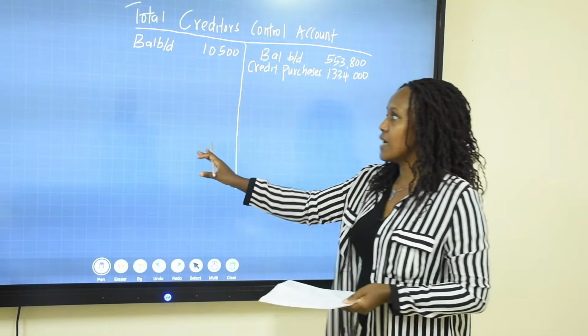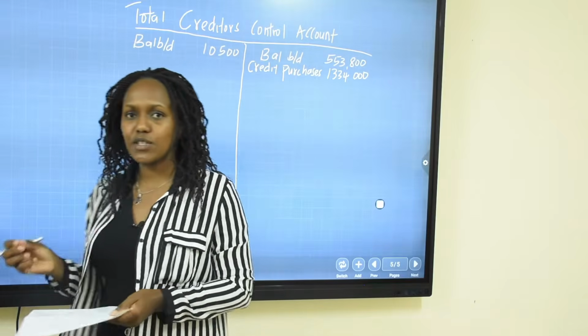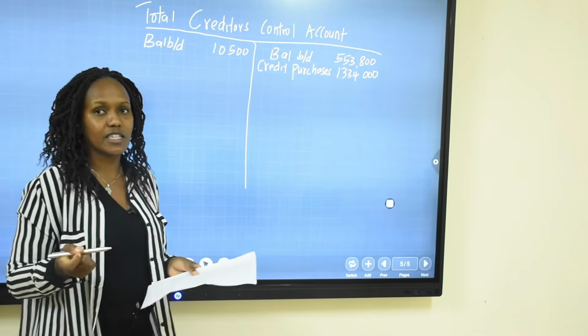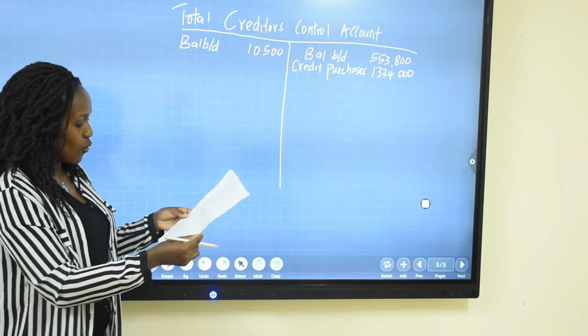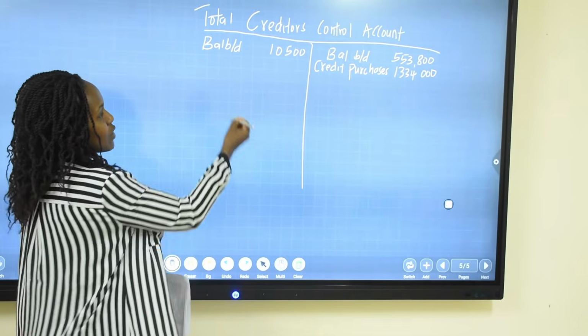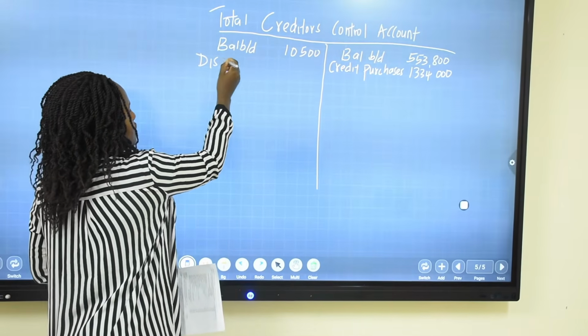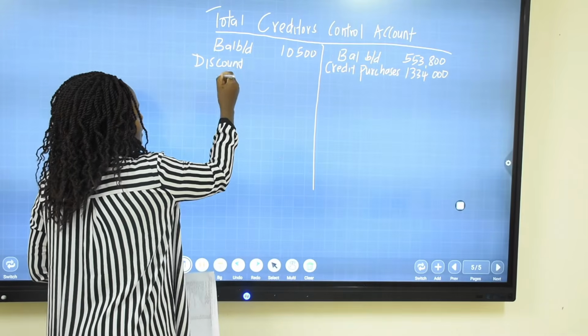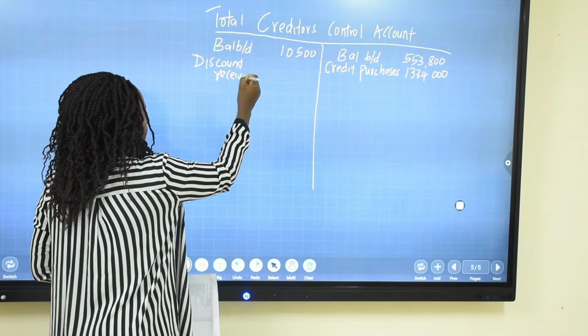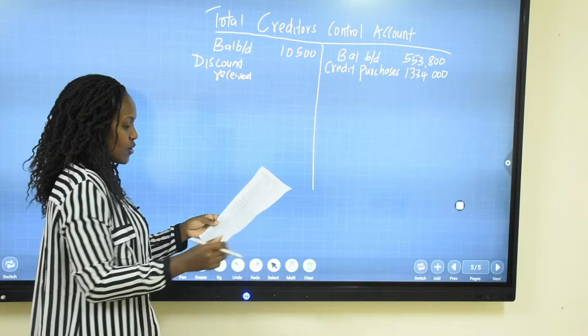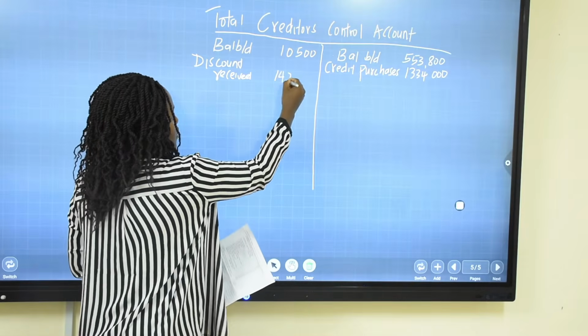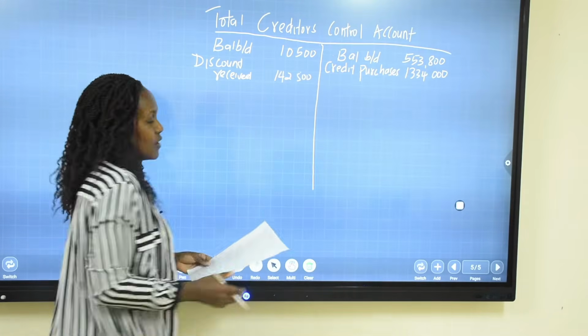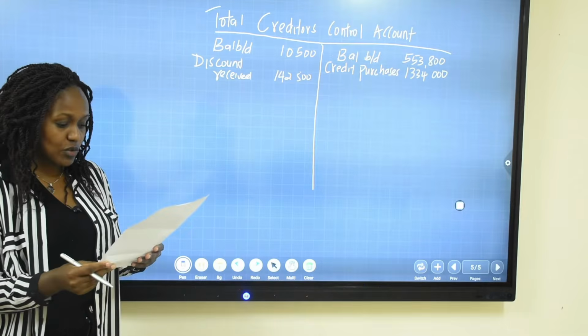On the debit side here, we said we are going to identify the items that reduce the obligation. So what is reducing our obligation is the discount received. We are receiving a discount. The discount received is 142,500. We are also paying some amount to the suppliers.